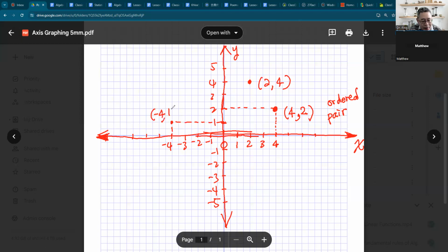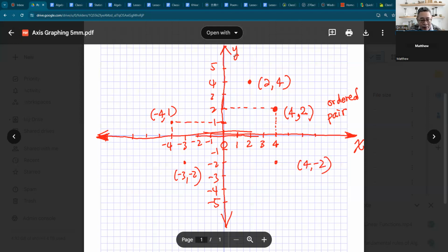So it's (-4, 1). Good? Now, if we have a point here, what's the coordinate there? (-3, -2). Right, (-3, -2). And what happens if you have it here? (4, -2). Very good.